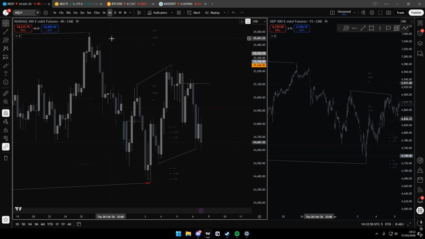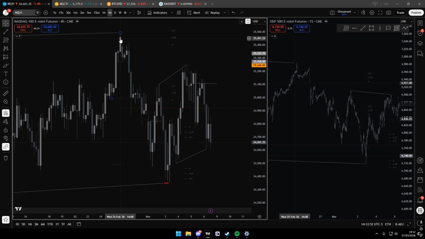But if you want to keep it simple, I would much rather trade into a gap than to trade into an order block. So the gaps help you. Because we're very smart, this is one of the FVGs, right? Right here. You can consider this one right here for the delivery at the time.